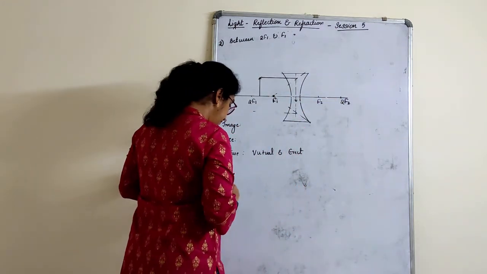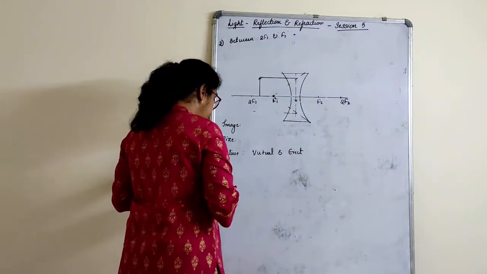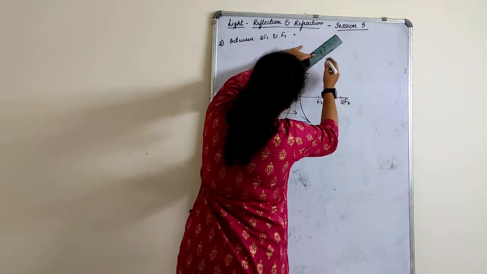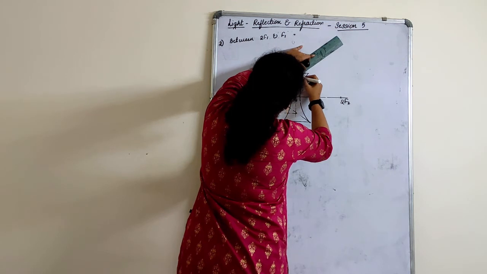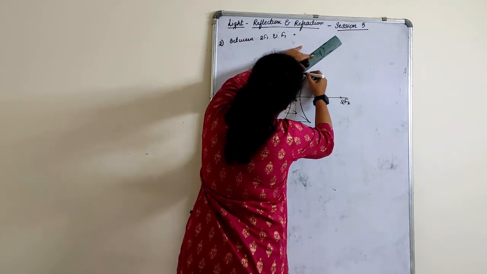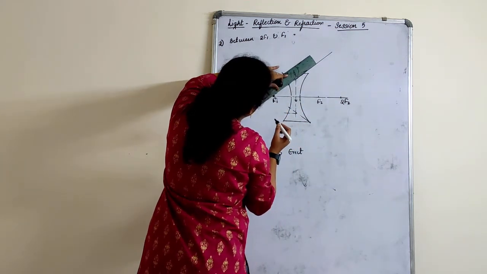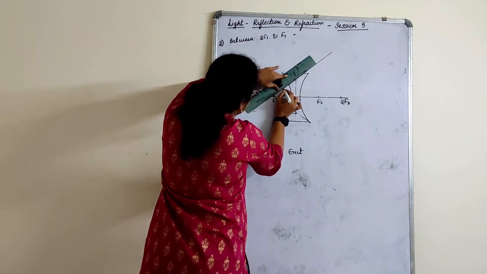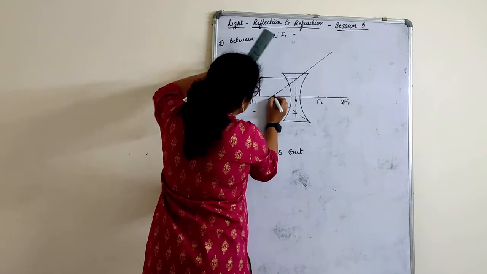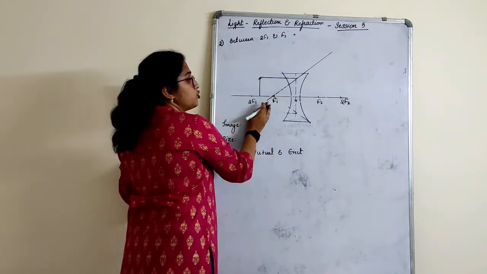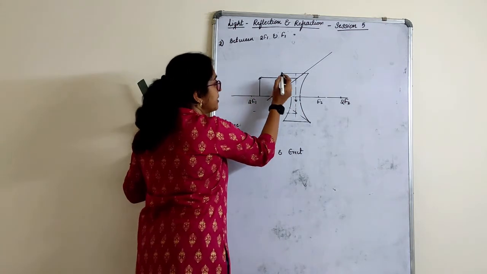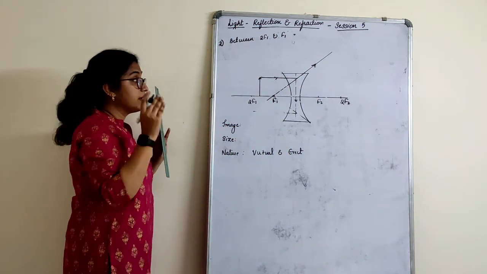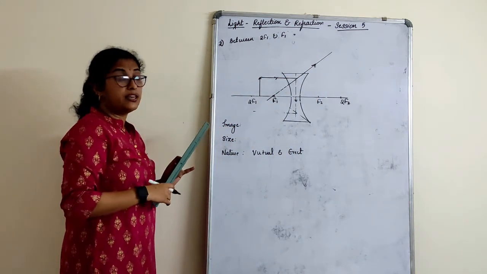First ray travels to the focus. As soon as it travels, it actually deviates back to the other side. You can just show here, in such a way that you produce it back, you actually get the image here. Show that first. This is how you show it, right? That producing backward should always be in dotted line.